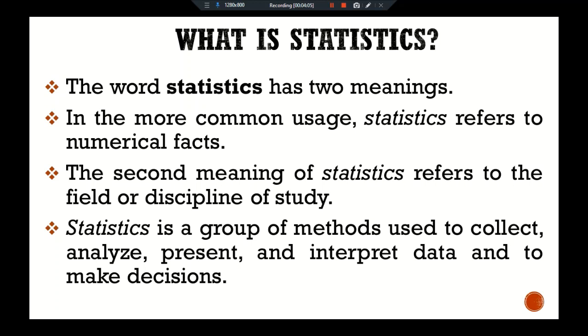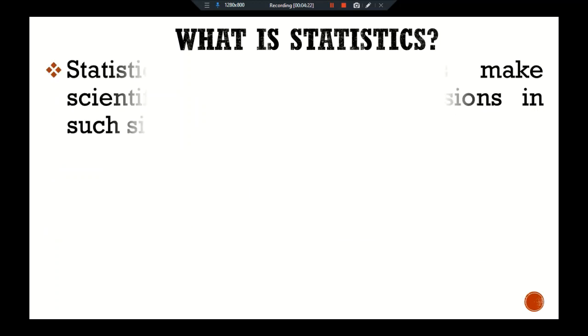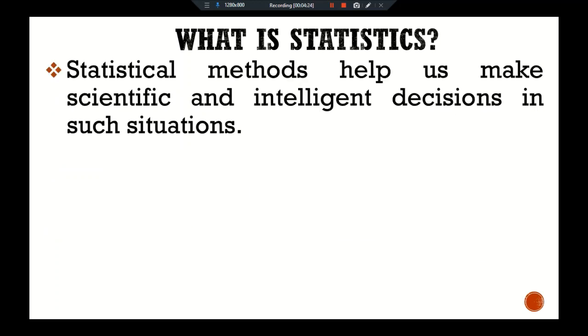Usually these decisions are made under conditions of uncertainty. Many times the situations or problems we face in the real world have no precise or definite solution. So statistics as a method helps us make scientific and intelligent decisions in such a situation.